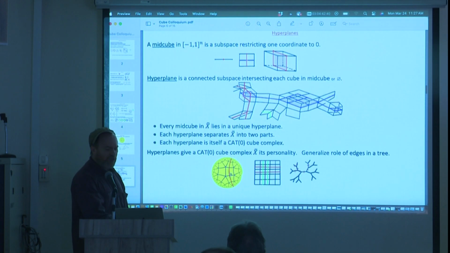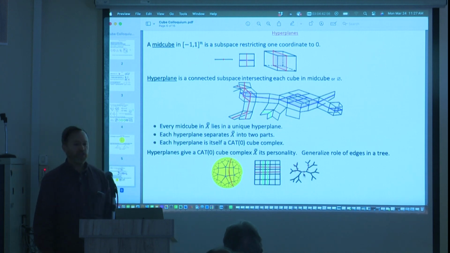And it's these hyperplanes that give a CAT(0) cube complex its nature, its properties. These hyperplanes generalize the role of edges in a tree. So what makes a tree into a tree? It's a connected graph with the property that every edge separates it.